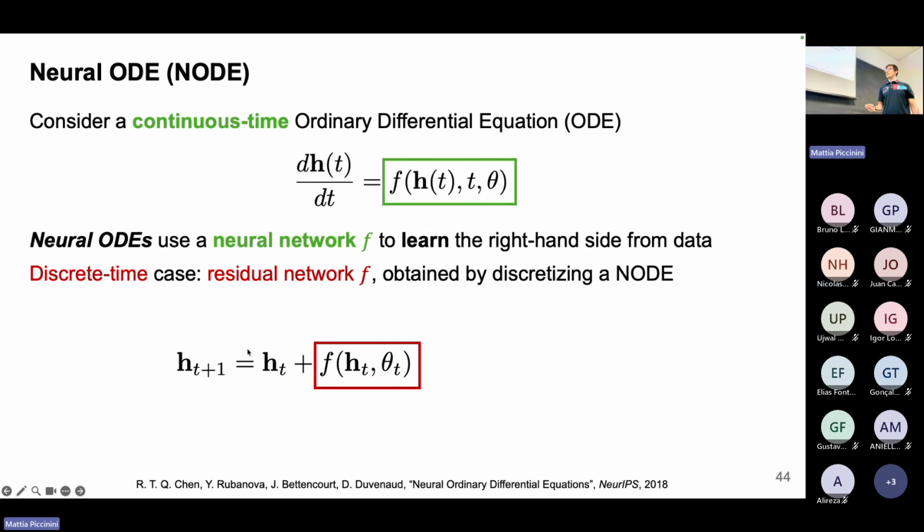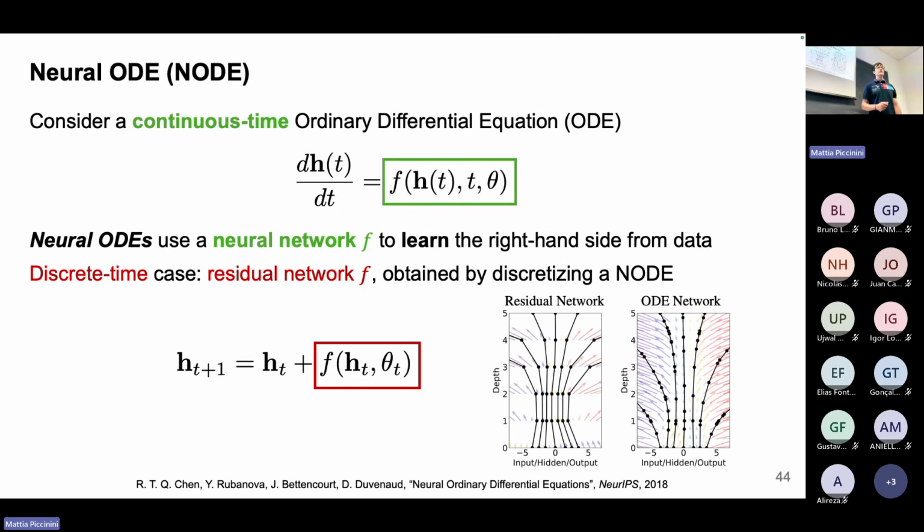Because you just want to learn the residual f that brings h_t to the next time step. So ideally, h_t will be very close to h_{t+1}. In one time step, you cannot change a lot. So it's like a residual that you want to learn. Also related to residual networks, in the literature, to ResNets. But it's just the discrete time version of a neural ODE.